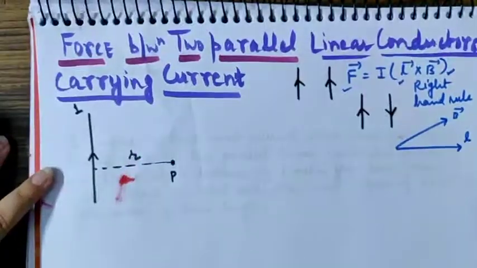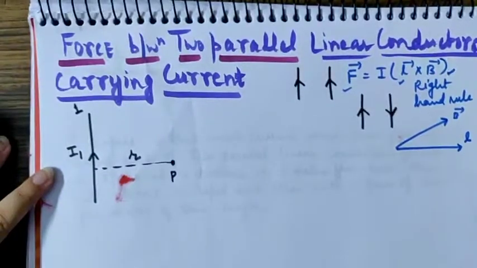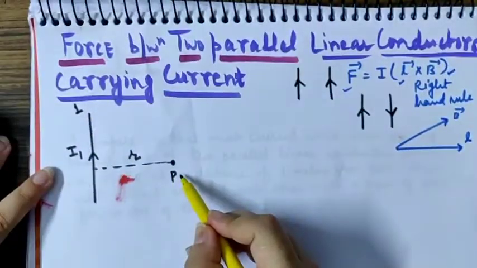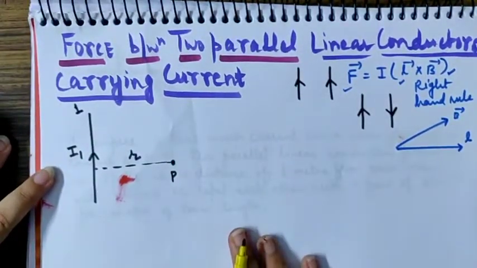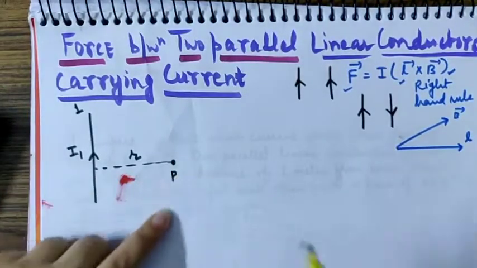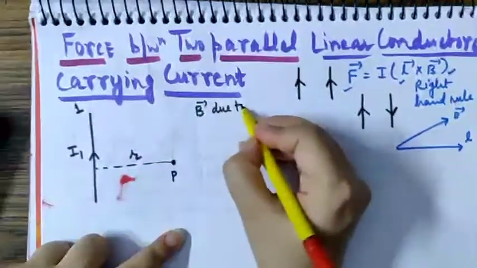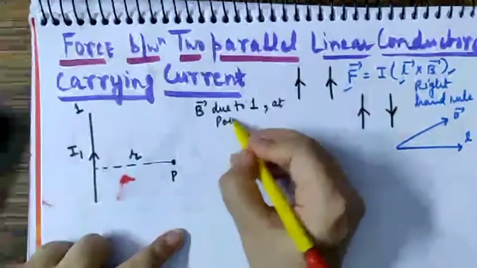Let's say it is equal to R. The current in the wire is I1. Then this current carrying wire produces a magnetic field at point P. We have discussed it in Ampere's circuital law earlier. So at point P, the magnetic field due to wire 1.